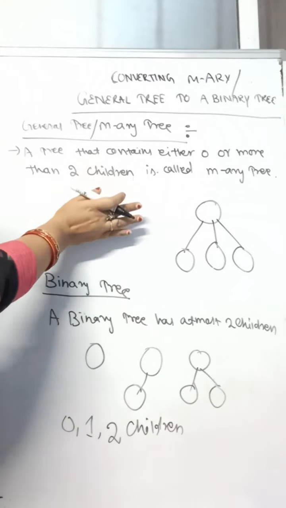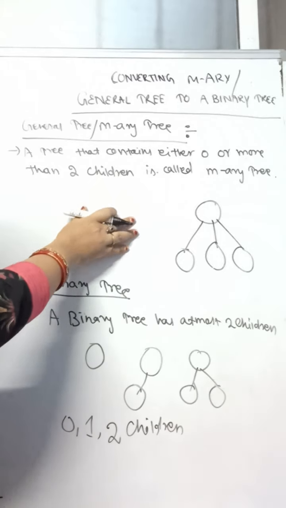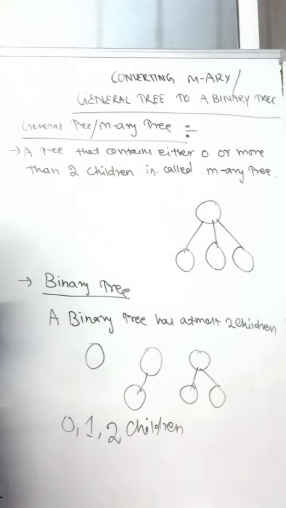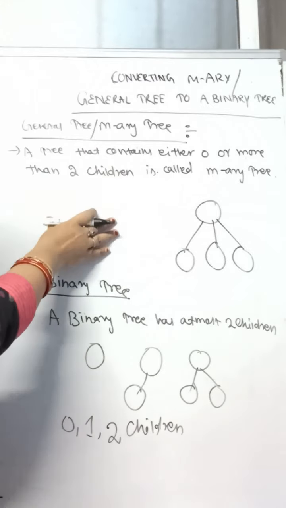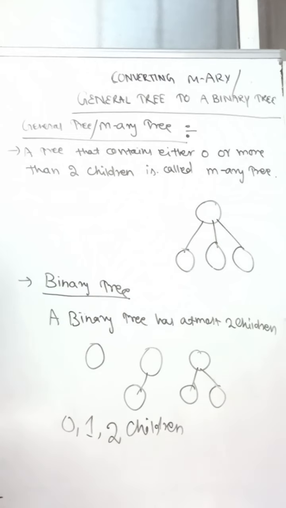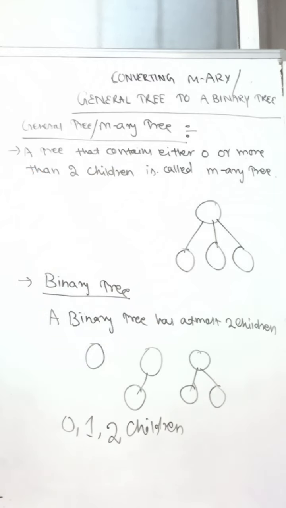So how will I convert this general tree or M-array tree or multi-way tree to a binary tree? This is my assignment. How will I convert this type of tree into this type of tree? There are various steps of conversion. Just take down how we'll convert our general tree into a binary tree.